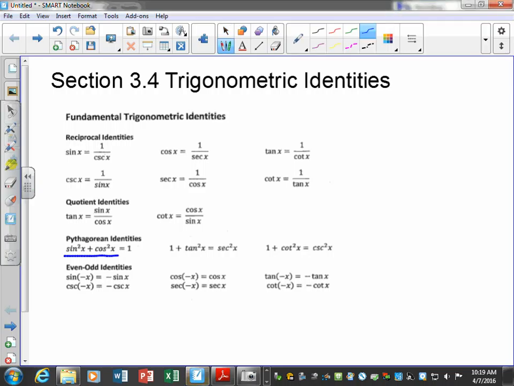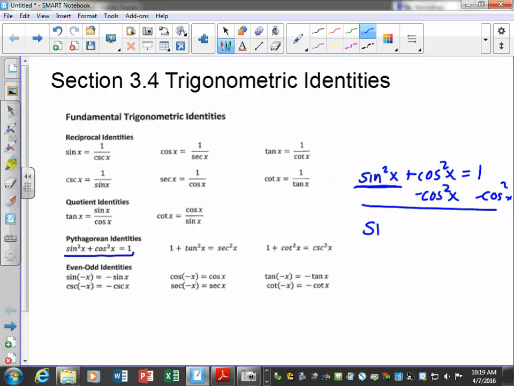If I have sine squared x plus cosine squared x equals 1, and I want to solve that for just sine squared, so I want to get this by itself, what will we do? Subtract cosine squared x from both sides. Whatever you do to one side, do to the other. That would give us sine squared x is equal to 1 minus cosine squared x.